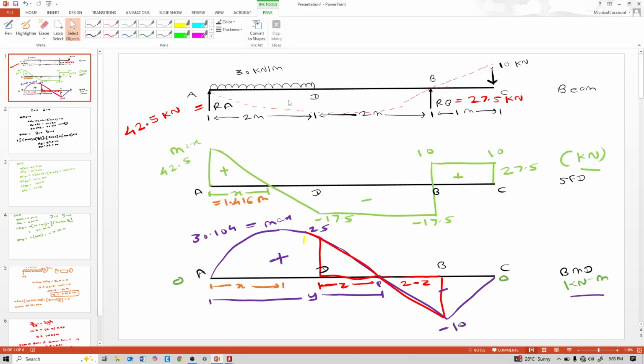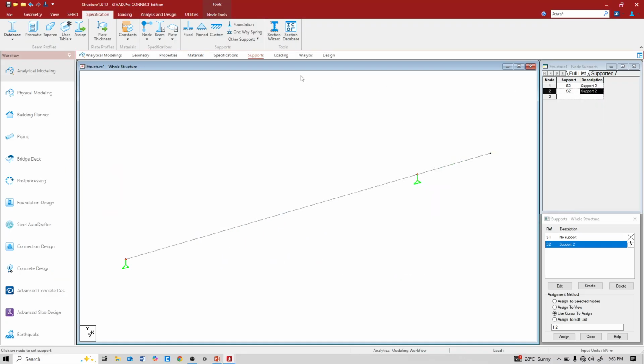Now the 30 kN per meter load is between A to D. From A to 2 meter distance.